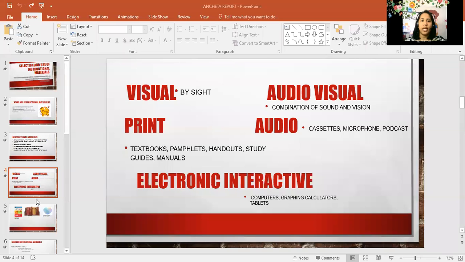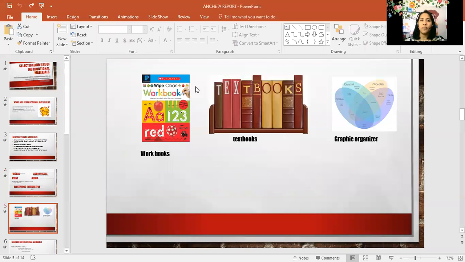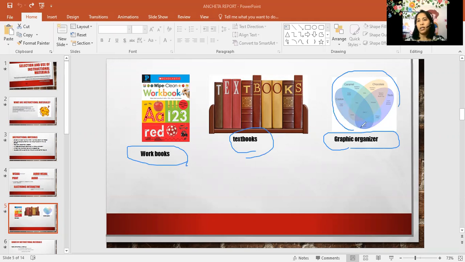Next slide, we have some examples, some pictures. Here is a workbook, a textbook, and a graphic organizer. We use that to make some diagrams.